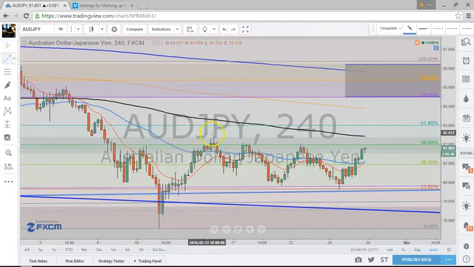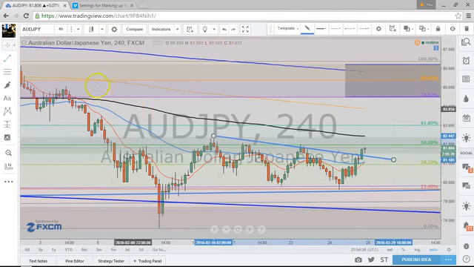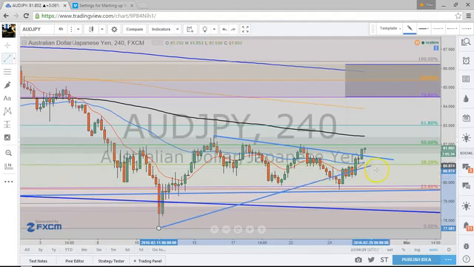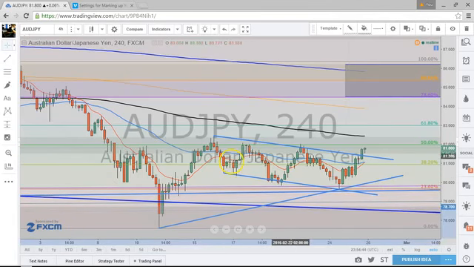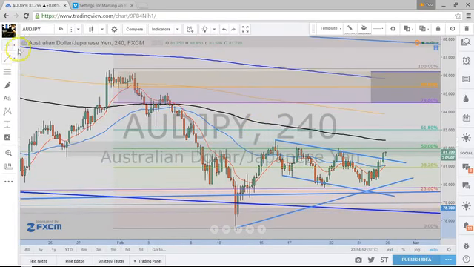So, see what's going on. So it basically broke out of this little channel, and everything else is confirming that we're going into a bullish trend, right?